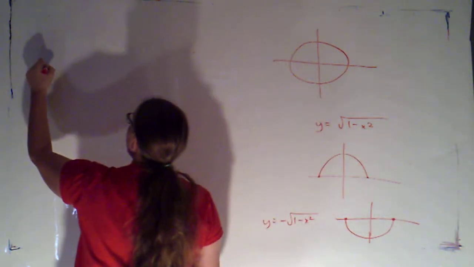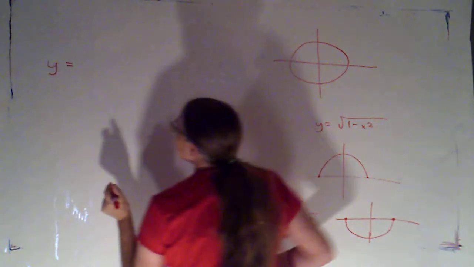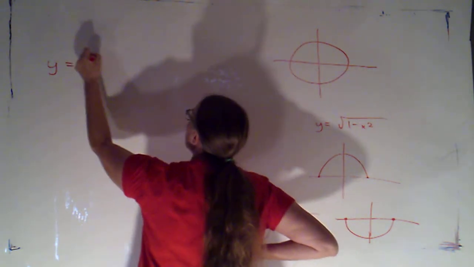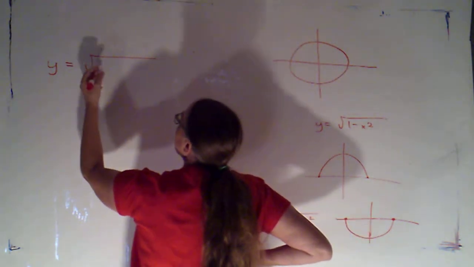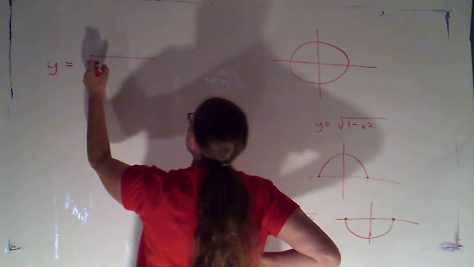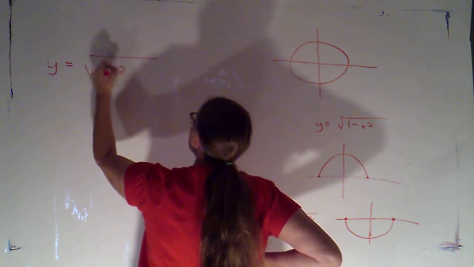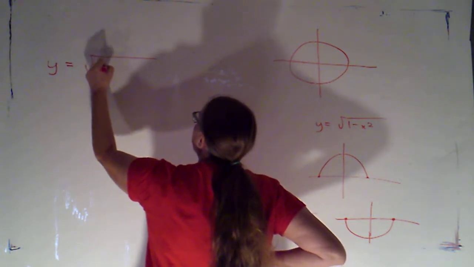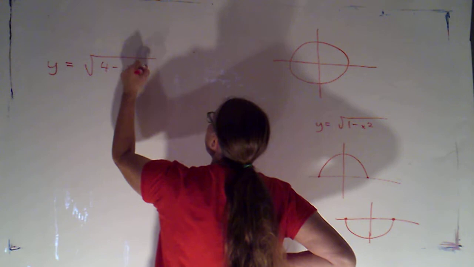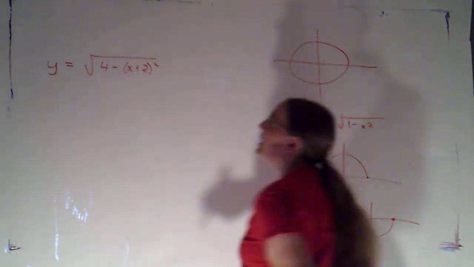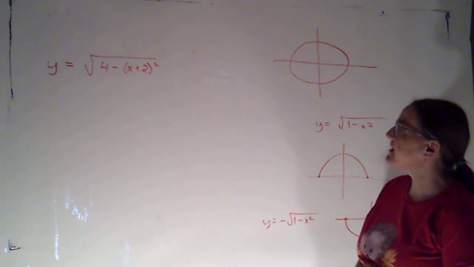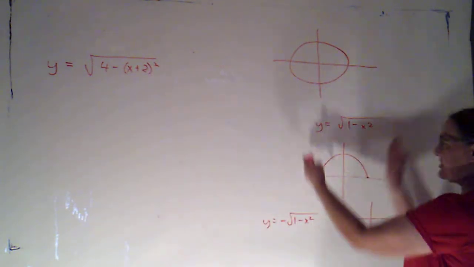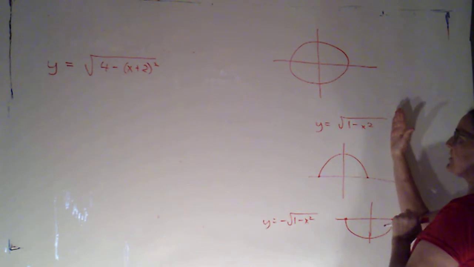Let's suppose I had y is equal to the square root of 4 minus (x plus 2) squared. Well, that looks somewhat similar to this one, because it's the positive square root.